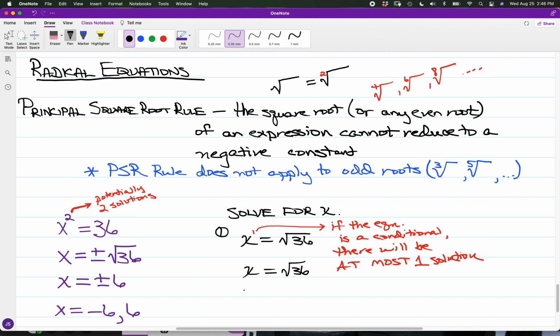Now for x equal to the square root of 36, you have an even root, and the square root of 36 cannot reduce to a negative constant. So this cannot reduce to negative 6. Just like if you enter 36 and then punch in the square root button, you're going to come out to 6 only.